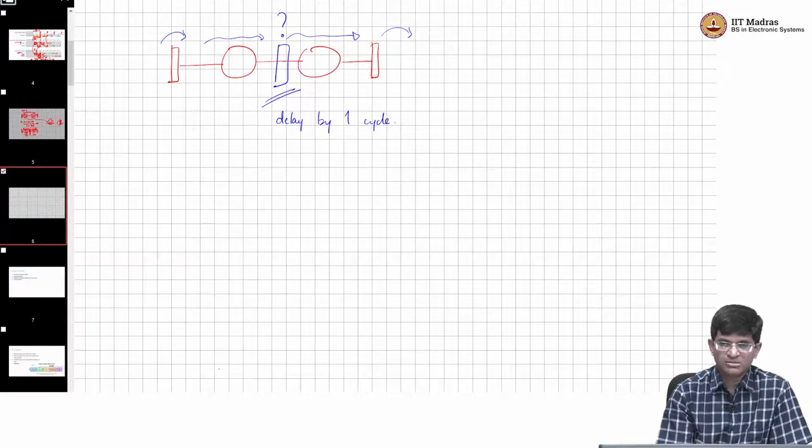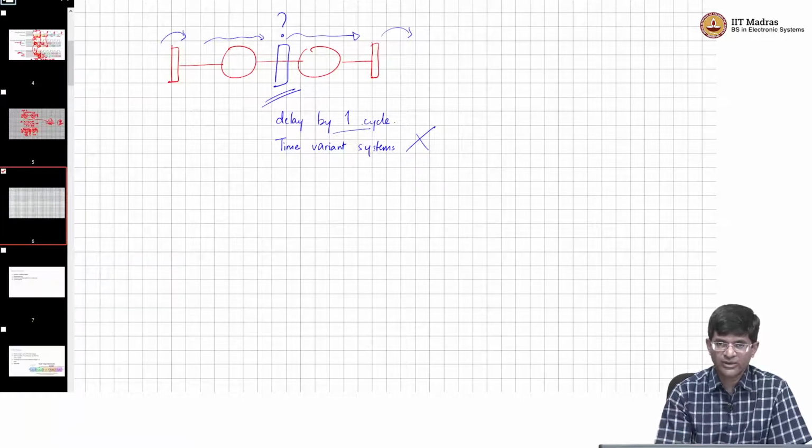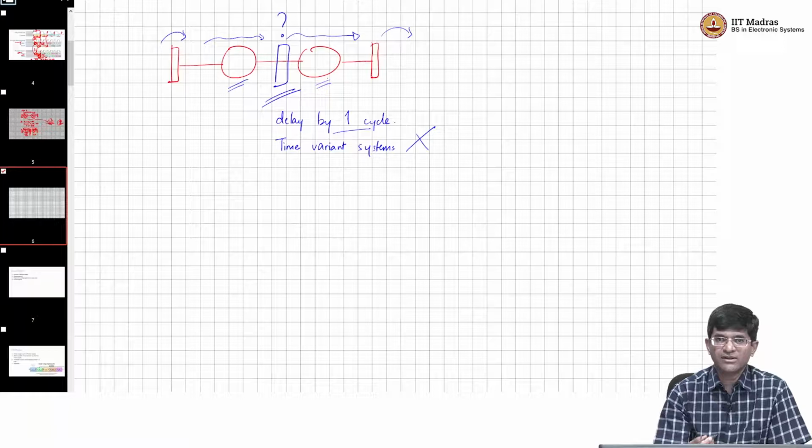Where it becomes a problem is if you have so called time variant systems. In other words, for time variant systems, this is not permitted. I cannot just delay something by one cycle and expect that the behavior is going to be the same. In other words, if these individual combinational blocks, the blocks that I have drawn as combinational blocks, had some behavior which in turn actually depends on time, then just randomly inserting a delay element here and saying, okay, I will just take everything one cycle later, actually changes functionality and is not permitted.